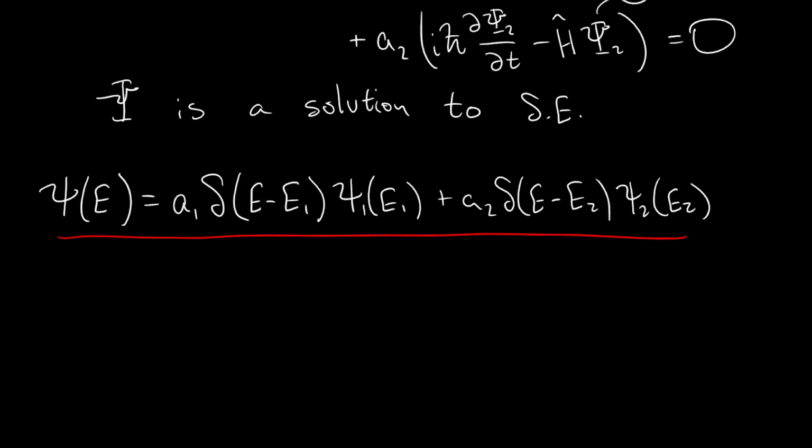And so we see that, in general, a solution to the Schrodinger equation is going to live in some superposition state. It's going to live in some superposition of states, each of which may have a defined energy, but the total state itself will not, in general.